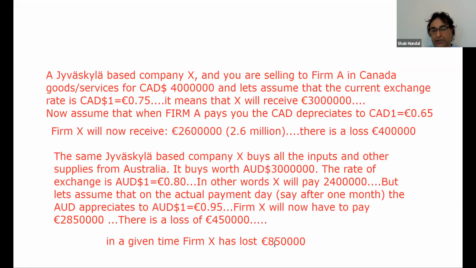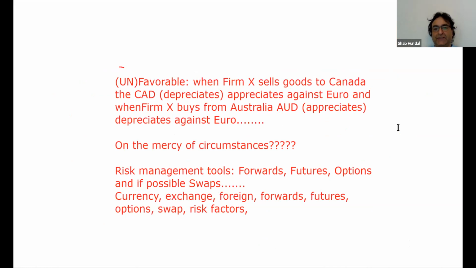I said a few times today that the loss this Jyväskylä-based company had was totally avoidable, very easily avoidable. Tomorrow we shall study how we can avoid such risks so that companies stay immune to these issues. Okay, that's it from my end. Please go through it, and we shall have a more in-depth discussion tomorrow during the lecture.